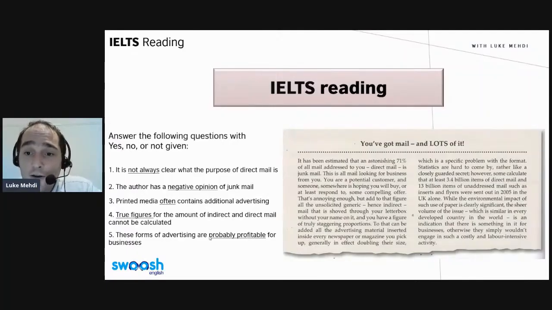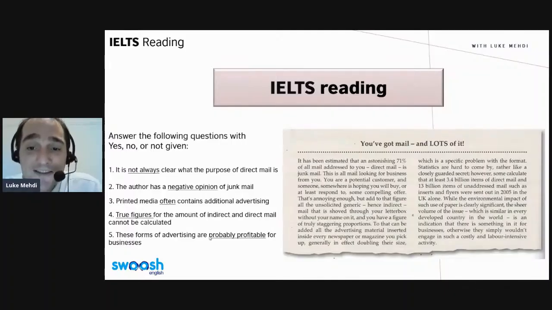Direct mail, so we can see it in line 2, an astonishing 71% of all mail addressed to you. Direct mail is junk mail. This is all mail looking for business from you. So is the purpose clear? Yes, they want to get business.